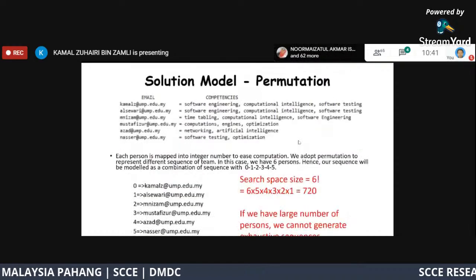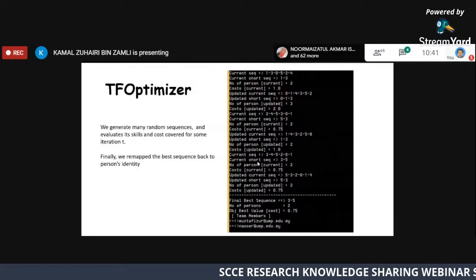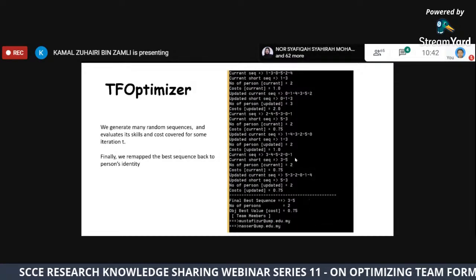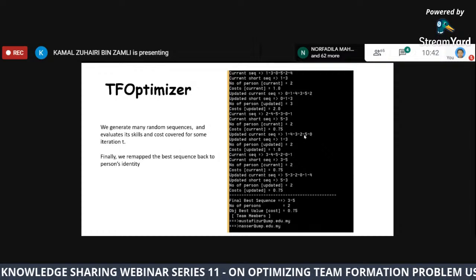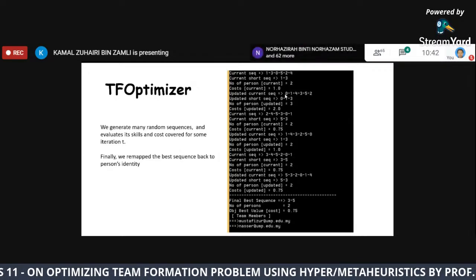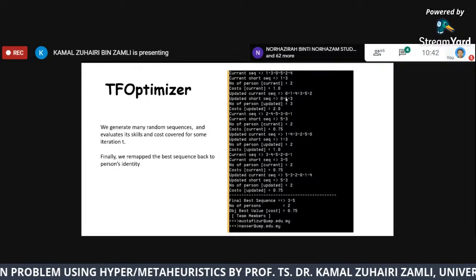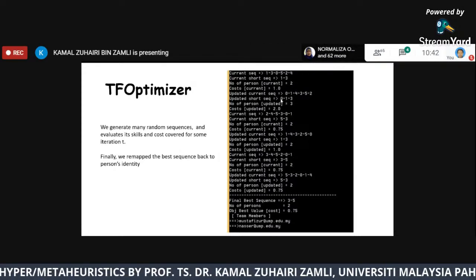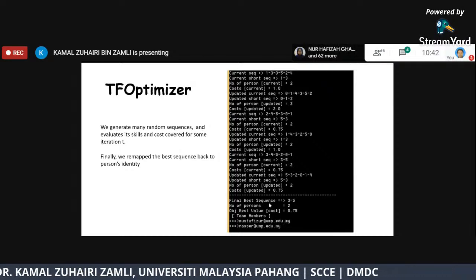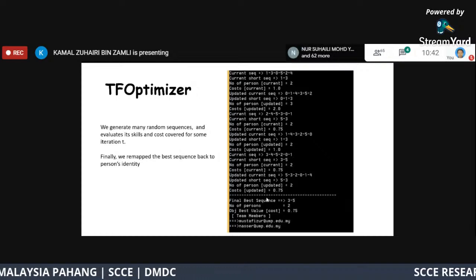Based on the lookup table and everything, we get that the best is Mustafizo and Nasir with the cost of 0.75. We use sequences to do this, and you see the sequences are different. Instead of permutating everything, we sequence them, and from each sequence, we find whether it has the skills, and in the end, the best sequence is actually Mustafizo and Nasir. So this is the best team with the minimum cost.